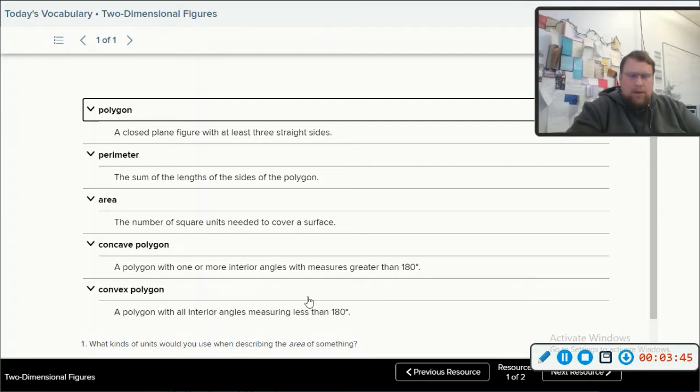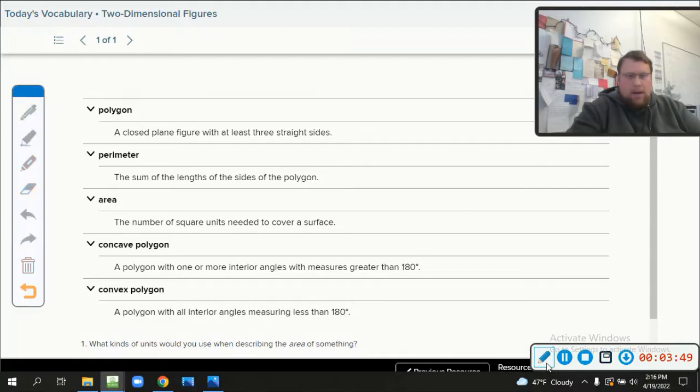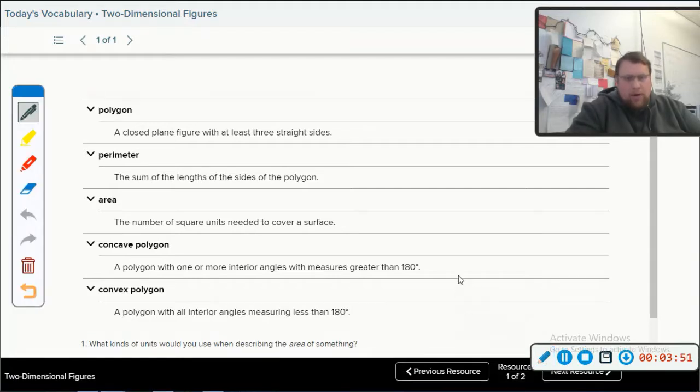Concave polygon is a polygon with one or more interior measures greater than 180 degrees. So something's concave might be like, hey, I have a square. It's a concave. It's going to bow out somewhere. Where convex means that it's straight or it can even curve in at times.